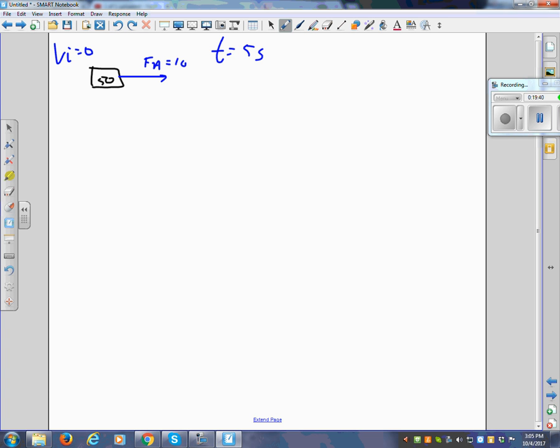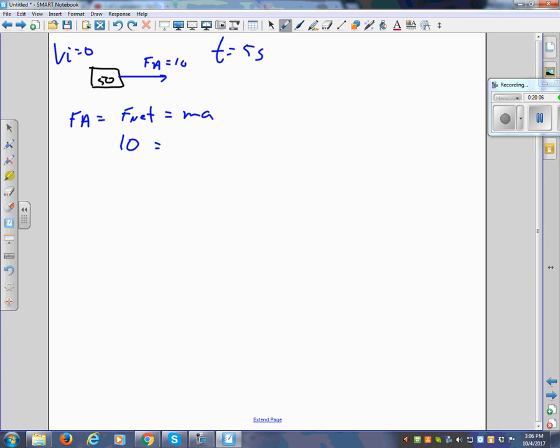Bingo. The FA is the F net. How come? Because it's frictionless, so that's the only force going sideways. So FA is equal to F net, which is equal to M times A. And then we can find A. The F net is 10.